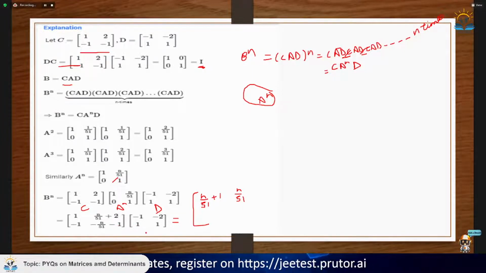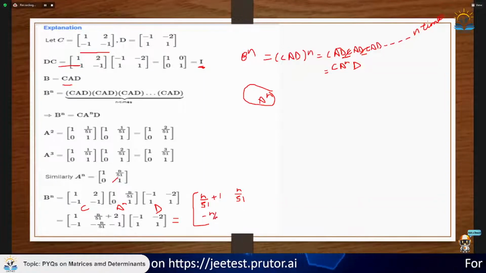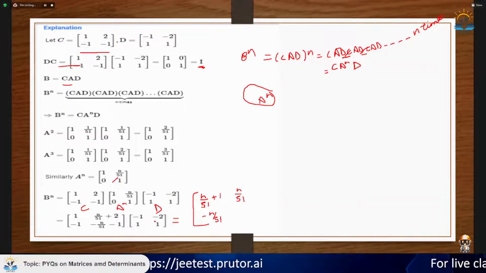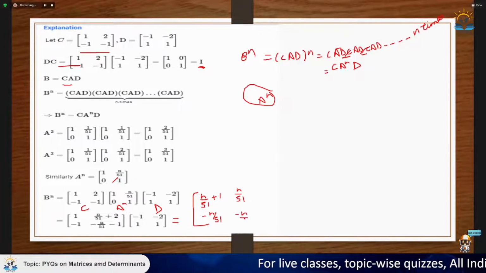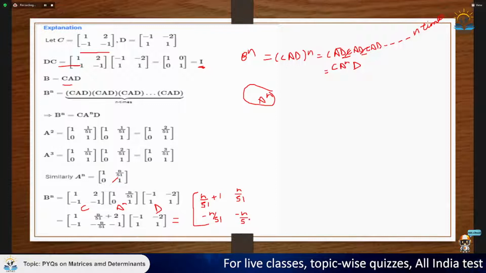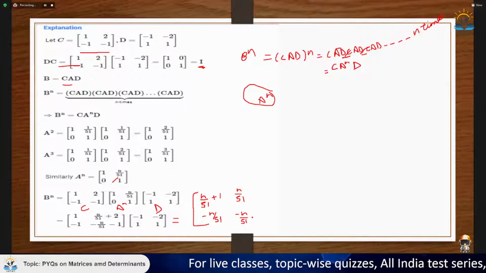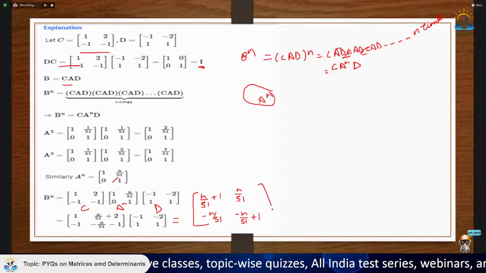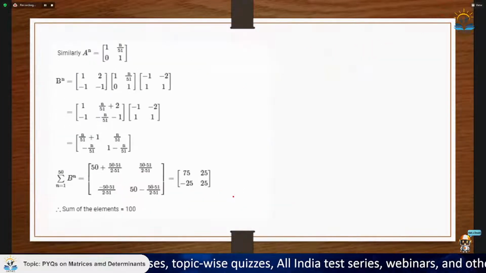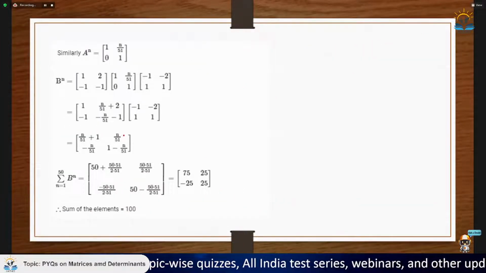So basically 1 and minus 1 will get cancelled and you will get minus n upon 51. And then you will get 2 here and plus 1 this thing. So 2 minus 1 would be plus 1. So basically minus n by 51 plus 1. So this thing is my B power n. So B power n is calculated here.